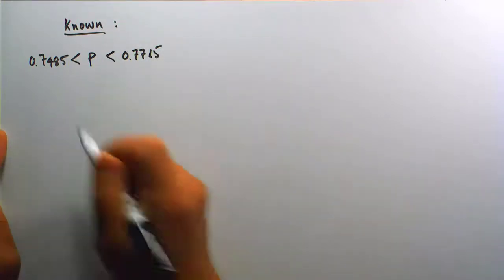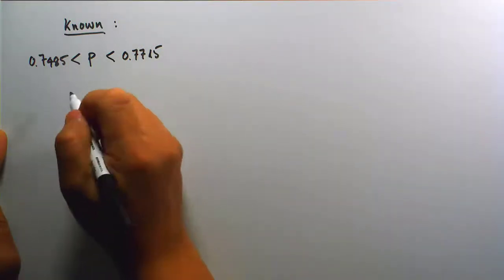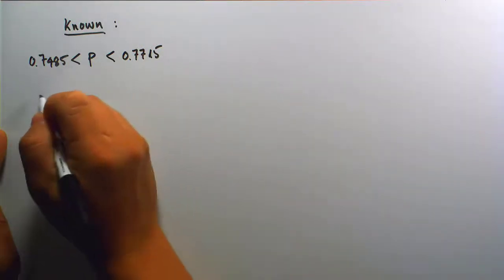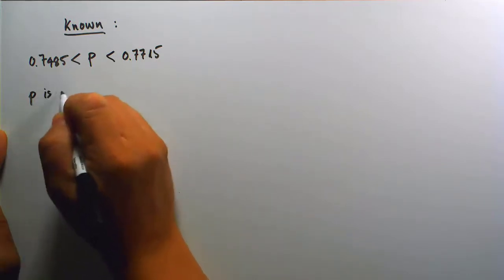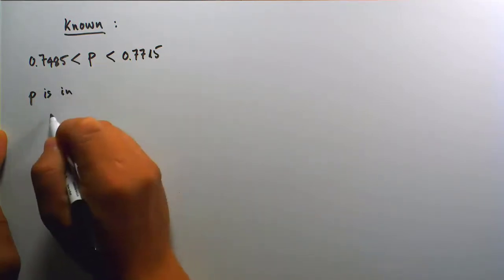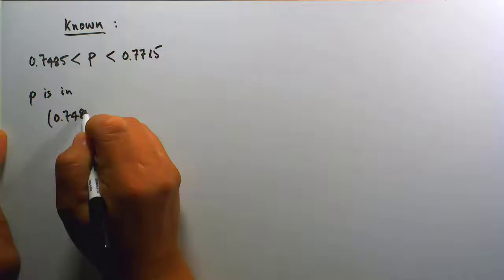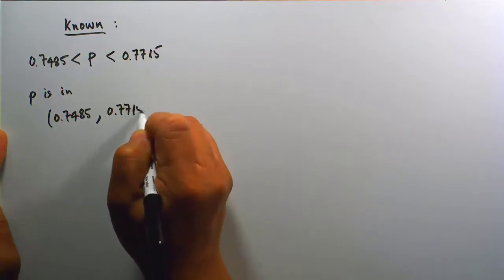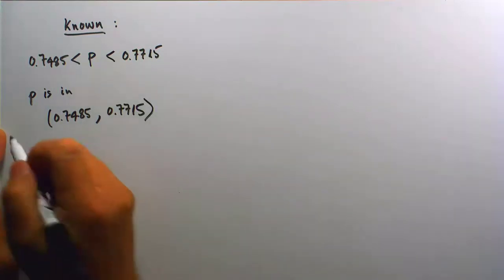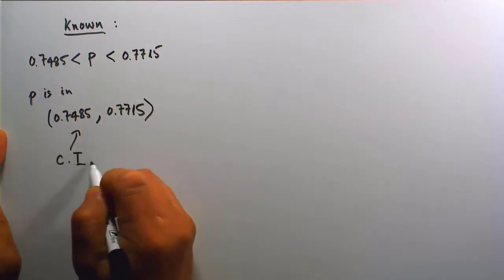In a different way of understanding this inequality, our true population proportion value is estimated inside of this interval: the low end is 0.7485, and the high end is 0.7715. In other words, this is our confidence interval already given.